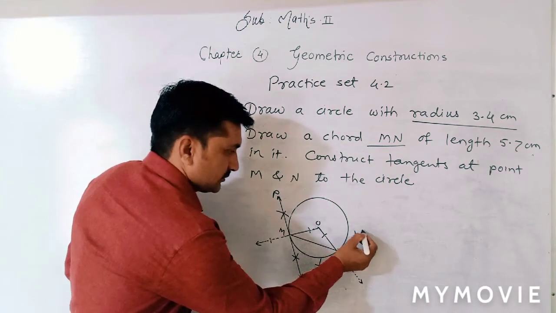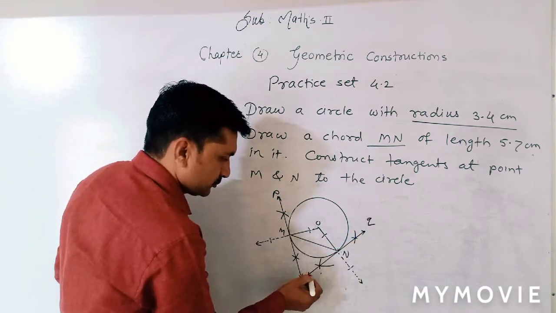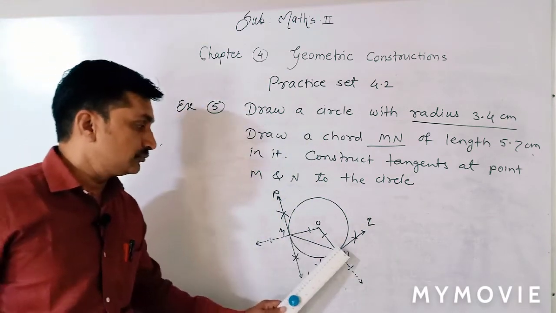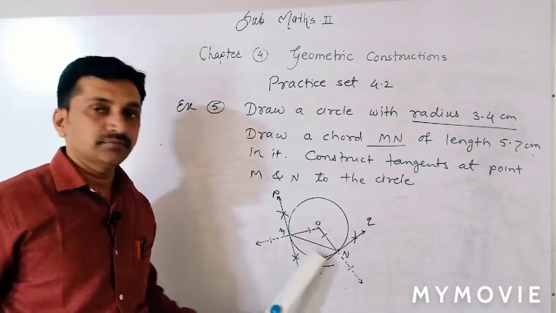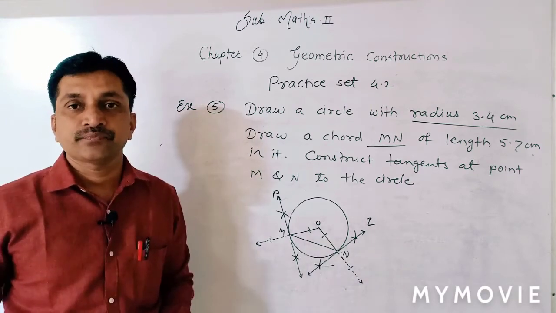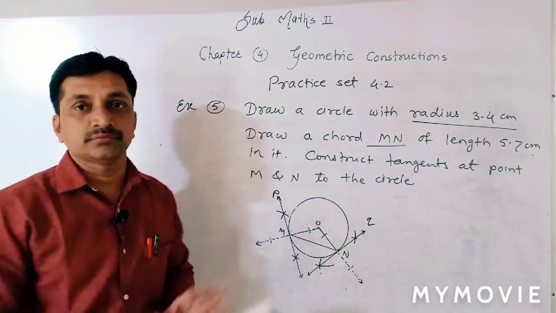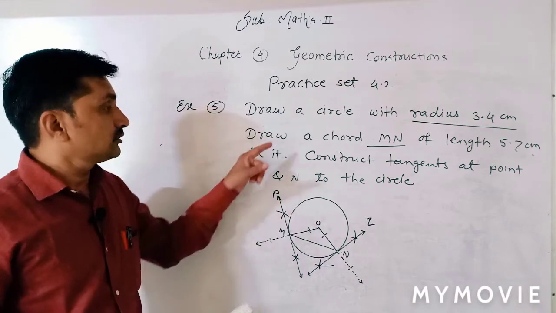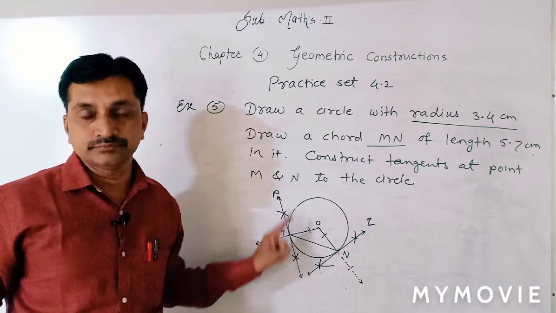In this way. Here Q. Any name you can give. These P and Q are tangents from chord MN. MN are endpoints, and this is the procedure to construct tangent from point on the circle.